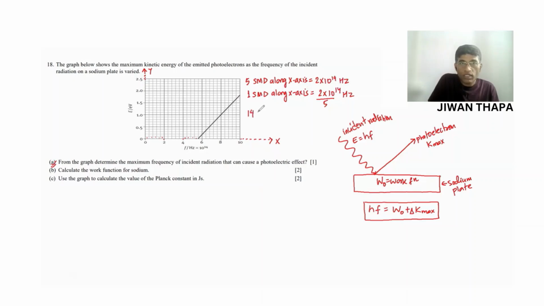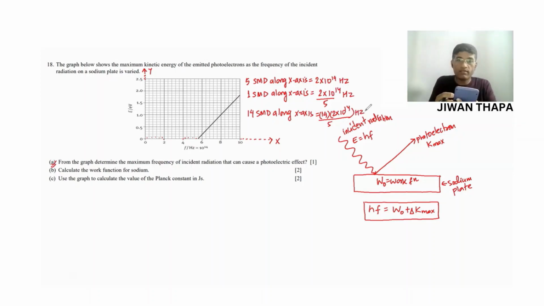So 14 small divisions along the x-axis equals, so we have this, okay, simple calculation, 14 times 2 into 10 to the power 14 divided by 5. So this is Hz.